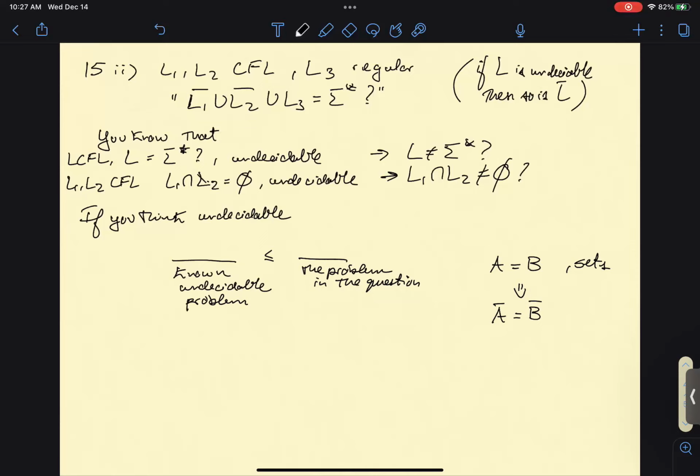So if that happens, just thinking theoretically, you get L1 complement complement, which is L1. And then you get intersect L2 complement complement, which is L2. And then you get something equals, well, what's the complement of sigma star?